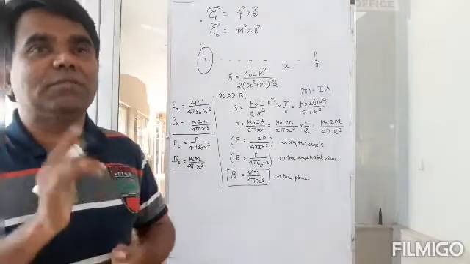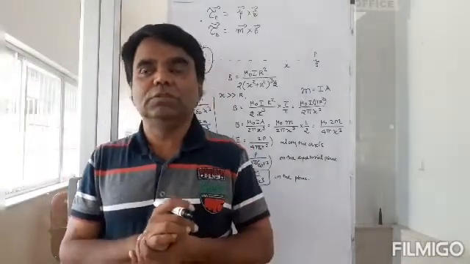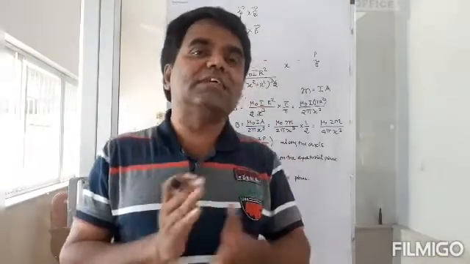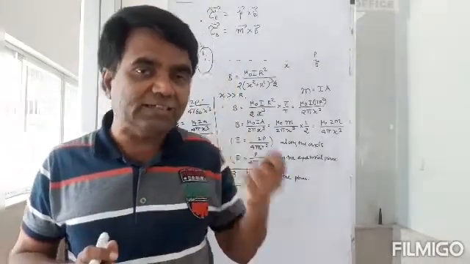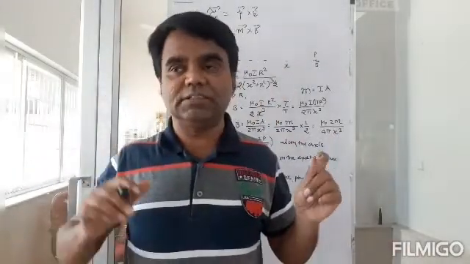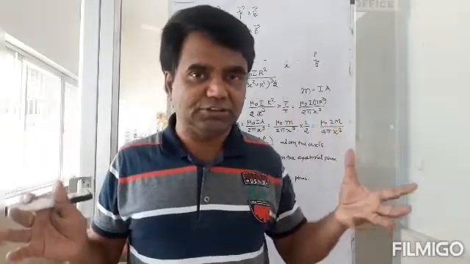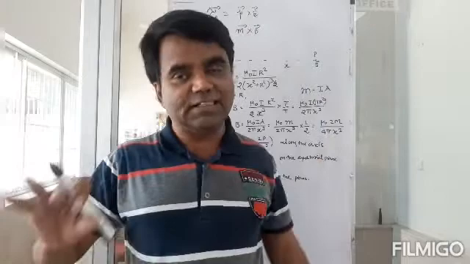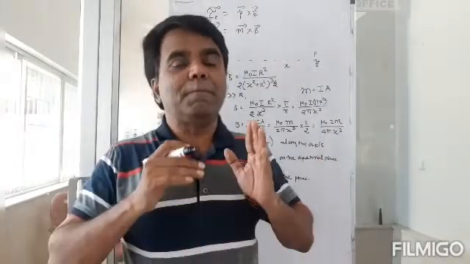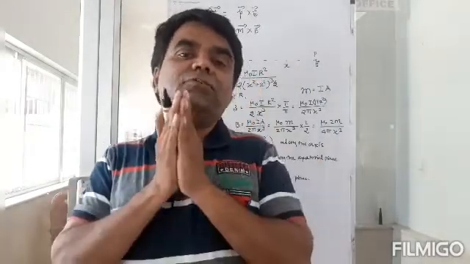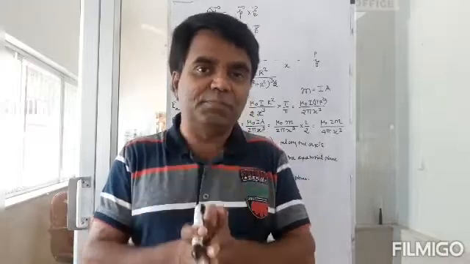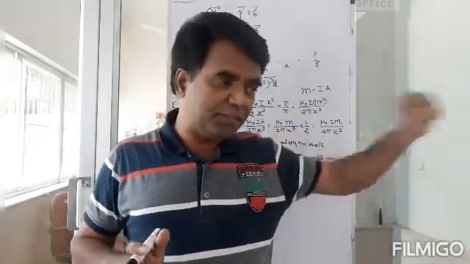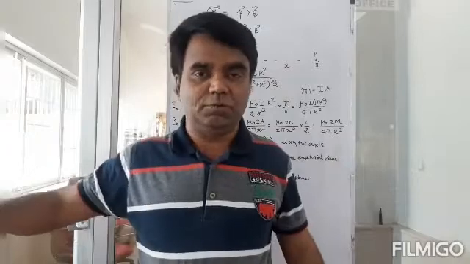But there is one difference though. In the case of an electric dipole, you had a clear positive charge and a negative charge. There are two charges, and you could separate them. I can take the positive charge out and the negative charge out. But in the case of a magnetic dipole, you cannot separate the north pole and the south pole.